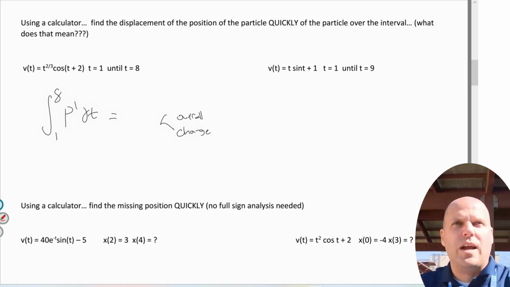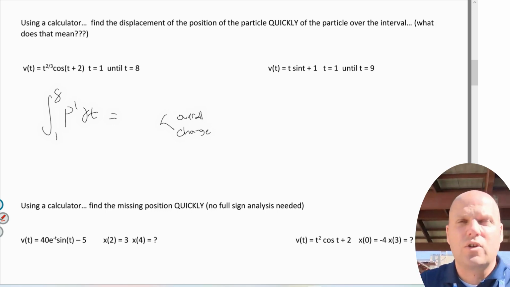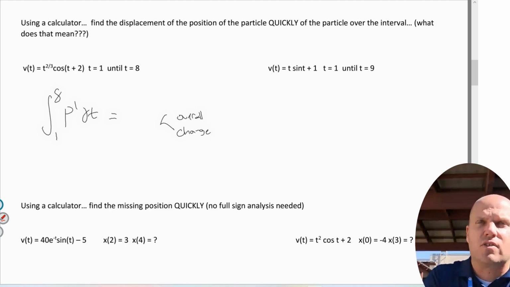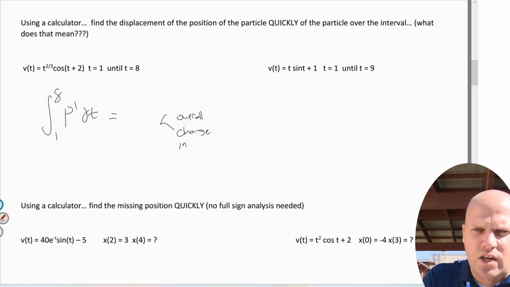It will incorporate any positive velocities, any negative velocities, any movements to the right, increases in position, any movements to the left. It's overall change in position.